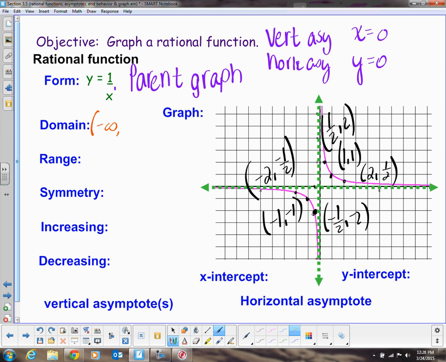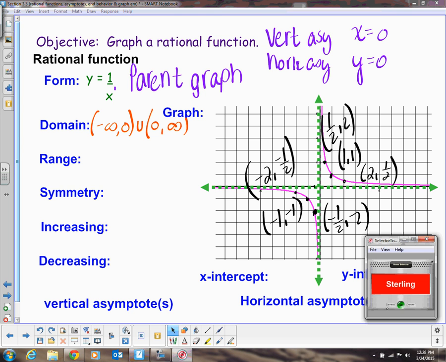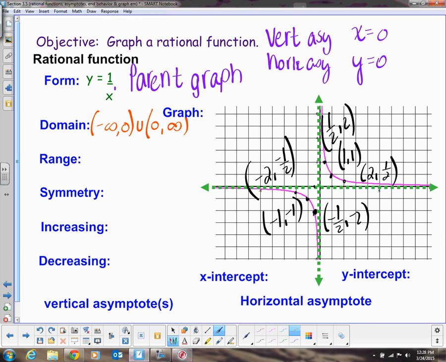It's closer and closer. What is this in the x? Yep. Never gets past 0, but then it picks up on the other side starting where? At 0. Notice a parenthesis means it doesn't include it, and then where does it go? Right. Okay, so now we're going to go down to range. What is my range? Morgany?